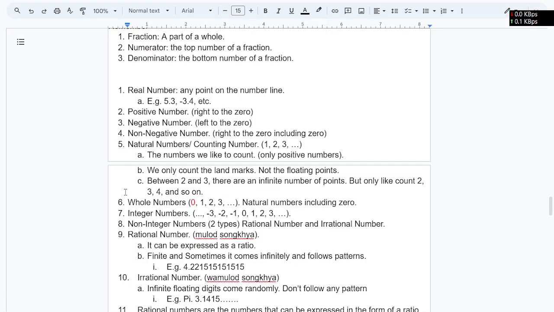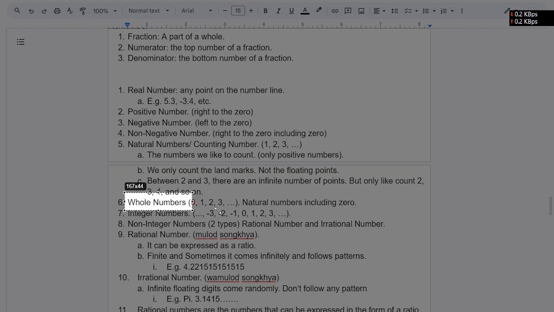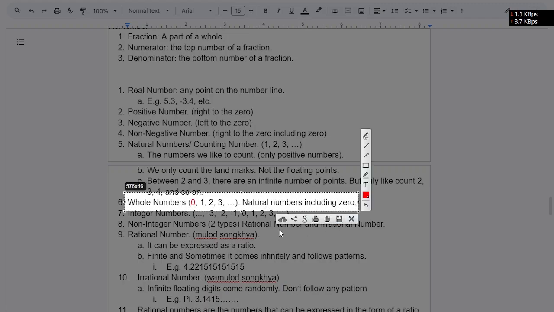After this we have whole numbers. Whole numbers are the natural numbers including 0.